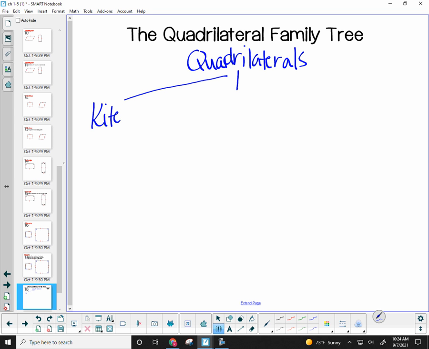Then we said, well, if we have one set of parallel lines, those are called trapezoids. So if we have a four-sided figure with only one set of parallel lines, those are called trapezoids. And we had some that were a little bit more recognizable because they're called isosceles trapezoids. Right? They're trapezoids, but they have an extra special piece: the non-parallel sides are congruent.